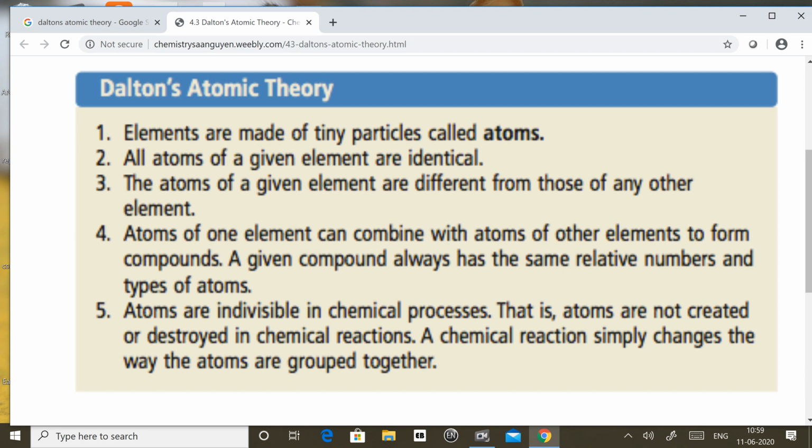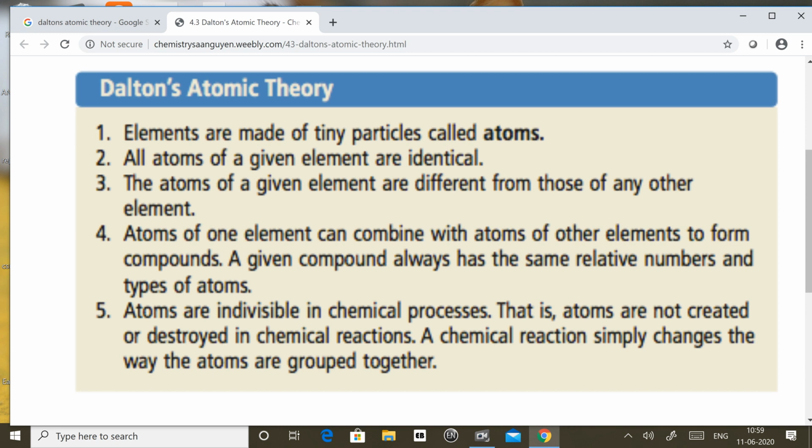Second point, all atoms of a given element are identical. You know that hydrogen is an element, oxygen is an element, sodium another element, carbon another element. So all atoms of hydrogen are the same.